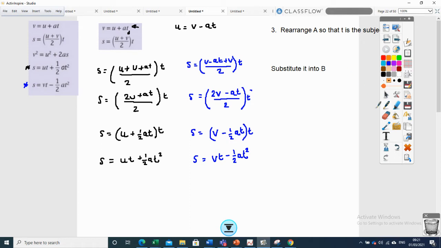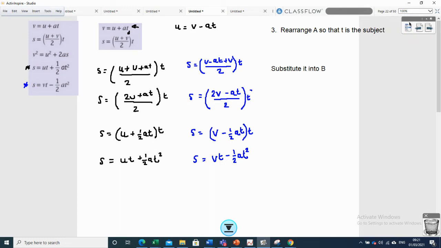Final one. So a little framework here: you need to rearrange it so your subject is t, and then you need to substitute it in for this t here. That's what you have to do in all of them really. You get rid of that.